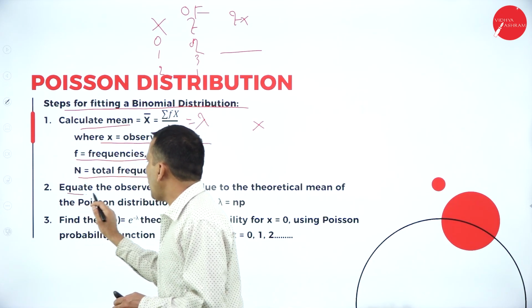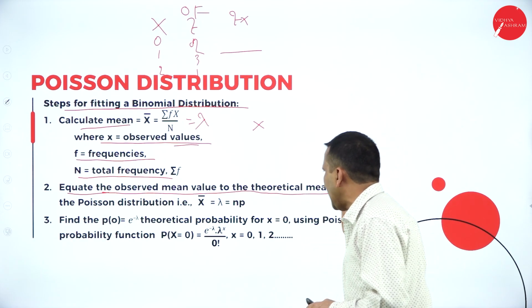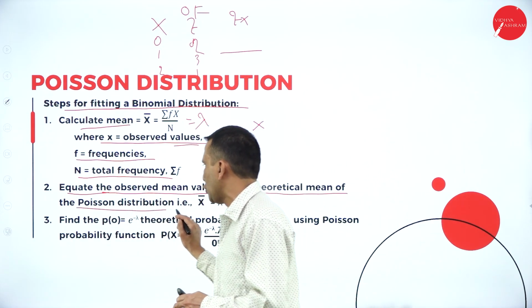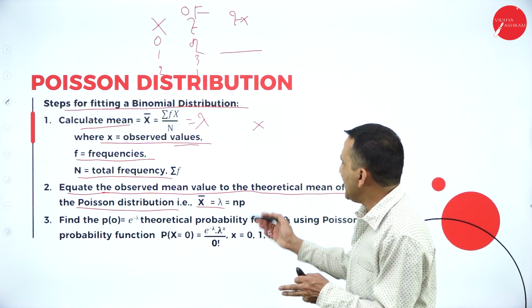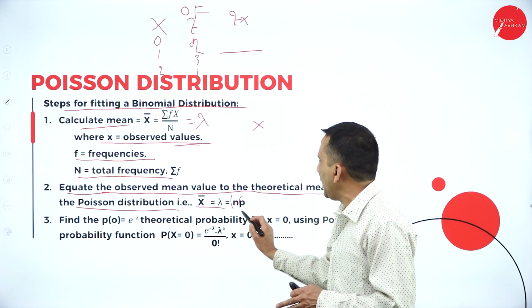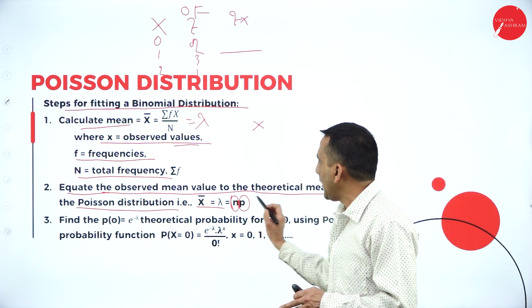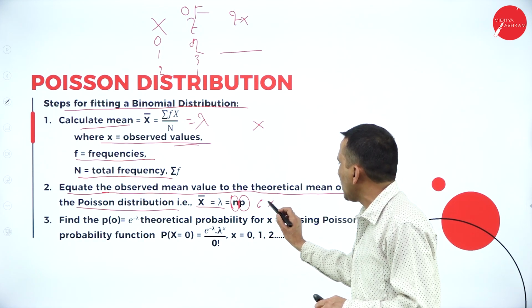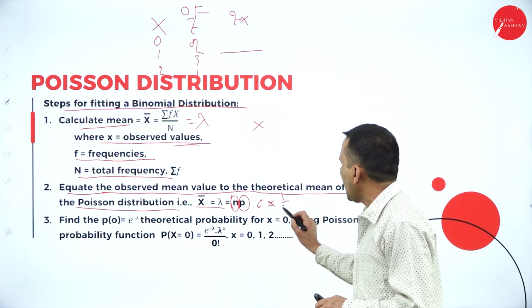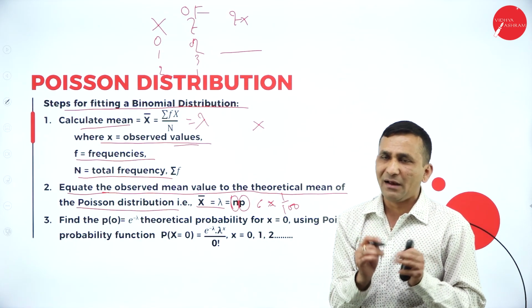Second step, equate the observed mean value to the theoretical mean of the Poisson distribution. Sometimes they will specify the p value and small n value. For example, if small n is 6 and the probability is 1 by 100, you multiply them, which gives the lambda value.